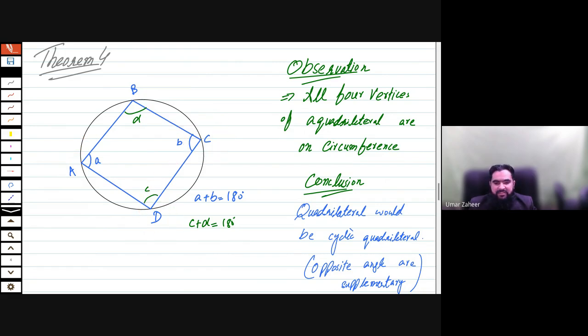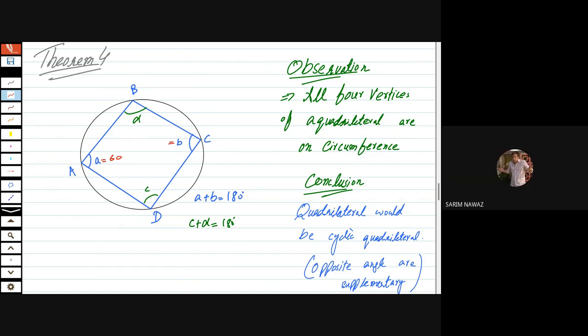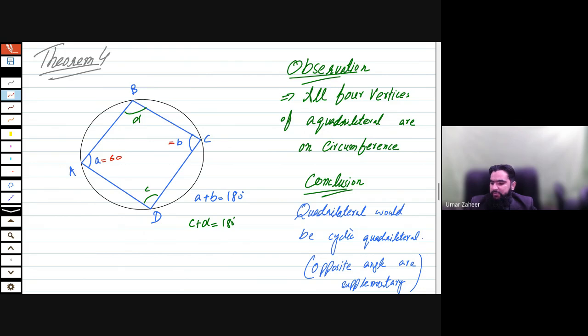So it is a cyclic one, meaning a plus b is equal to 180, c plus d is equal to 180. For example, this angle is given as 60. So what will be p? Sir, 120. That is 180 minus 60, which will be 120 degrees.